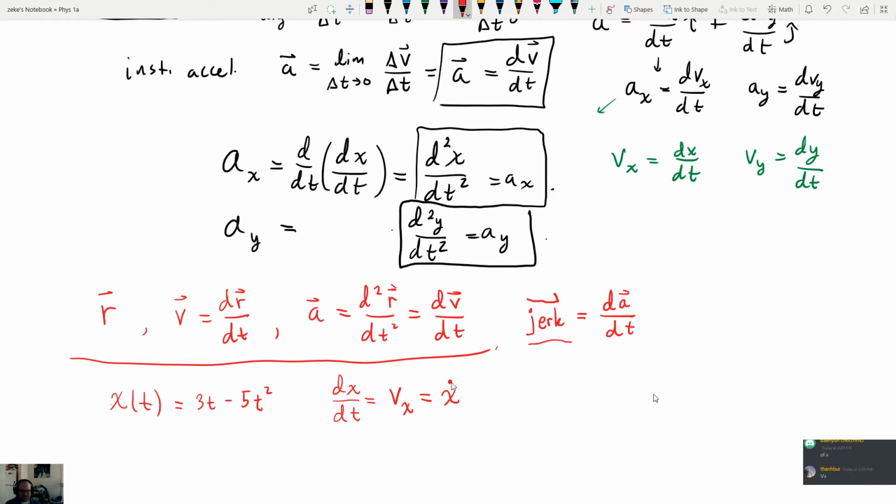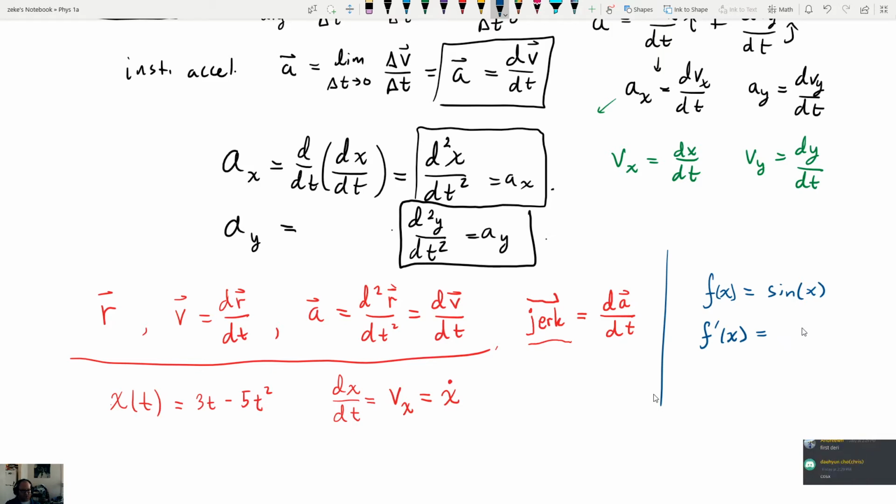The dot means to take a time derivative, right? To compare that to something you've probably seen before in your math classes, you might write something like f of x is equal to, let's use sine of x, right? And then if I write f prime of x, everybody knows what that means, right? What does f prime mean?